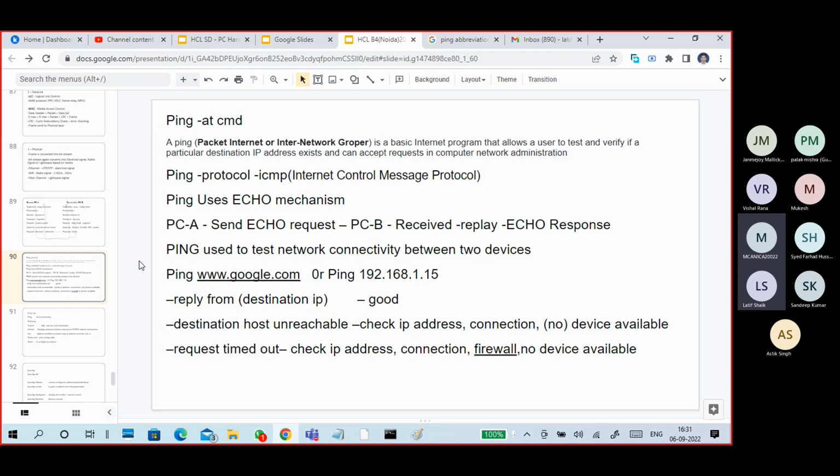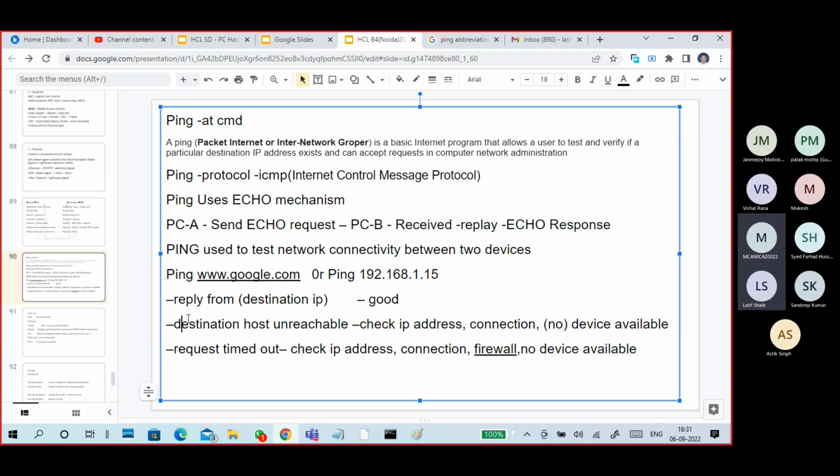So if you are getting a reply from the destination IP address, it is good. If you are getting destination host unreachable, check the IP address, network connectivity, network logical address meaning network and host portions, connections, and device availability also.